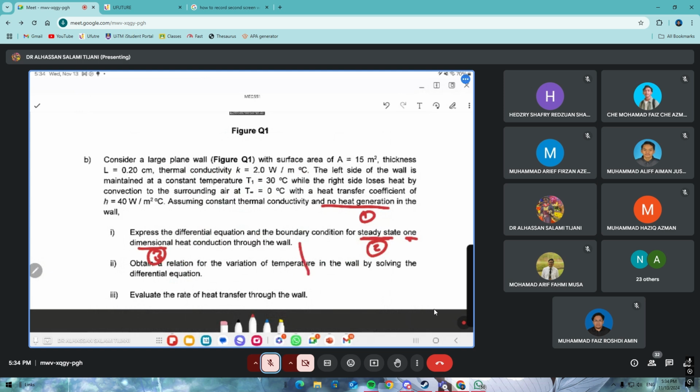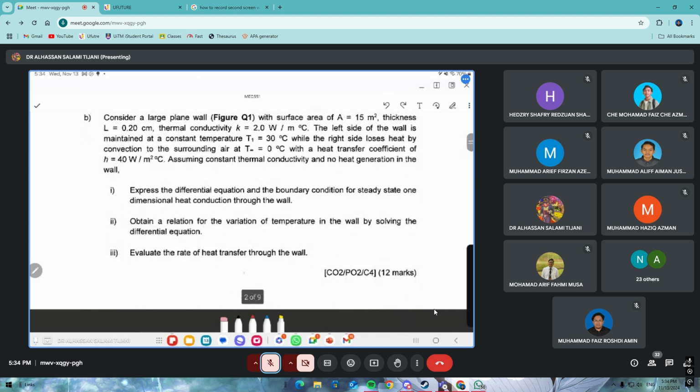So now, we have been able to obtain a relation of the variation of temperature in the wall by solving the differential equation. Now, evaluate the rate of heat transfer through the wall.